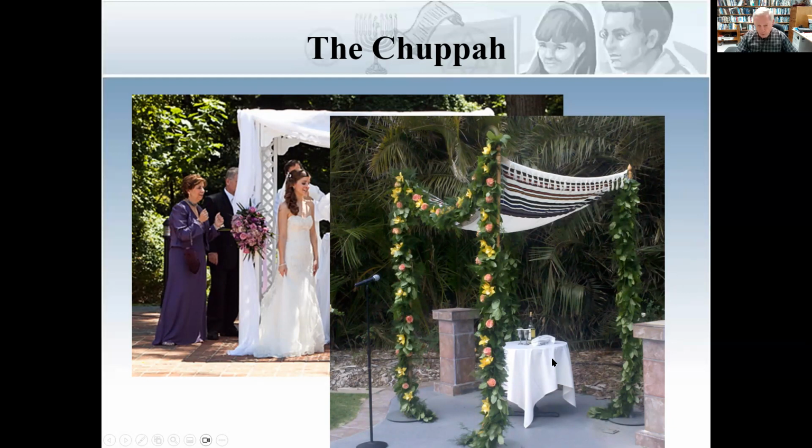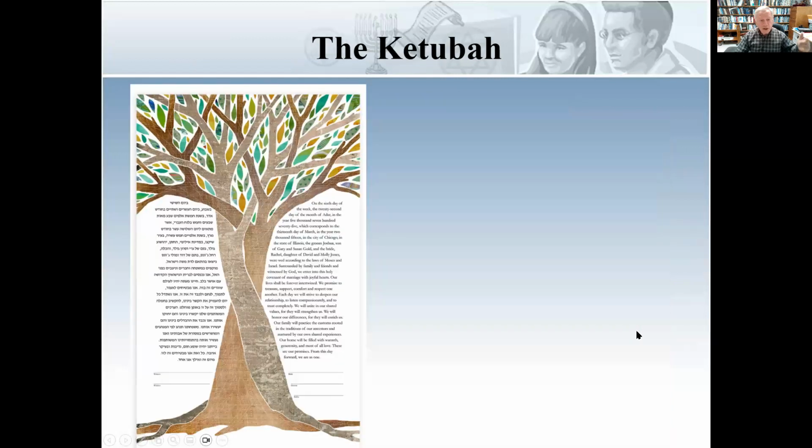And underneath, we always have a small table, and typically on the table, we'll see the wine bottle with 2 glasses, 2 Kiddush cups for the wedding, and a glass that we are going to break at the conclusion of the wedding.